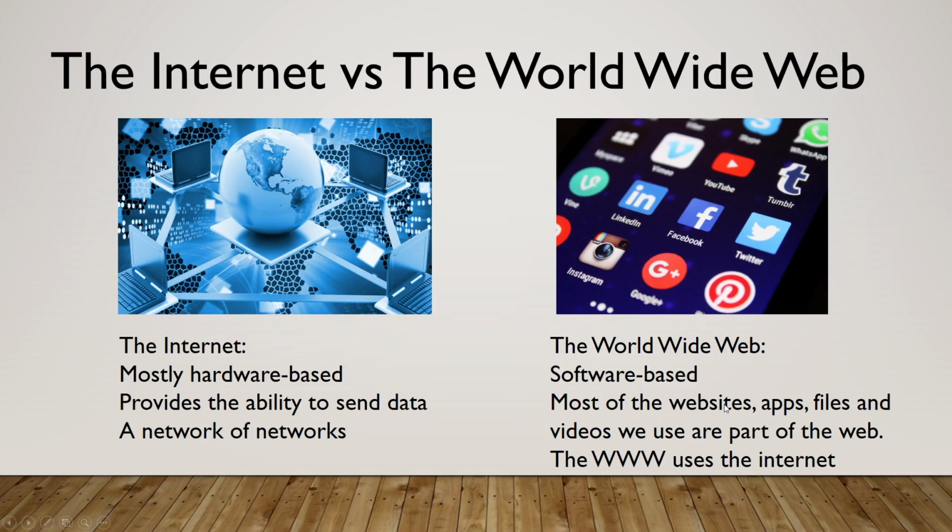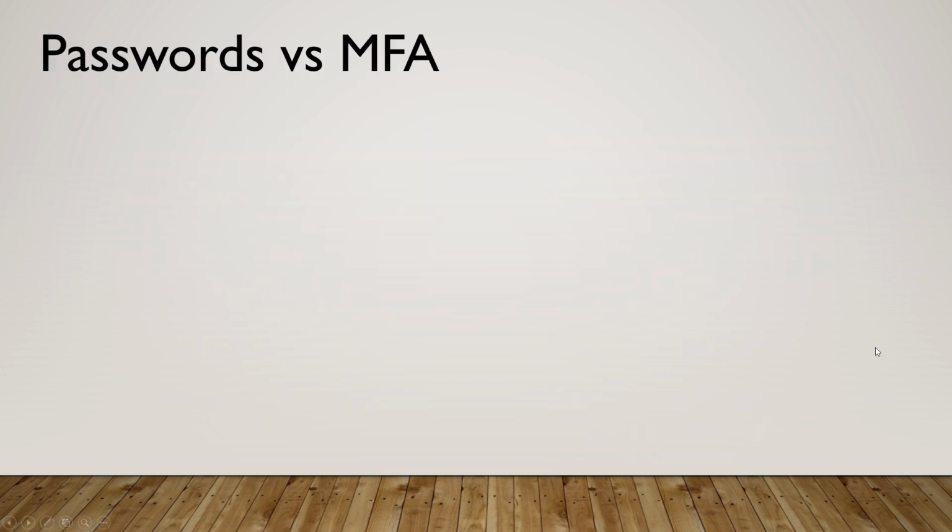It's the websites, all those connected websites that we use every day. This is the kind of thing that we mostly use when we think of the internet. We're kind of thinking about the World Wide Web, but actually the World Wide Web is just a software kind of mesh that's using the internet as the backbone.